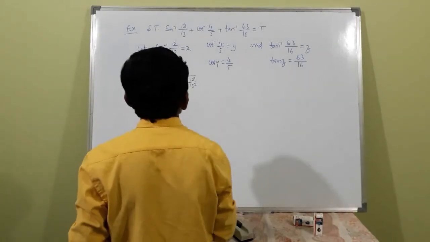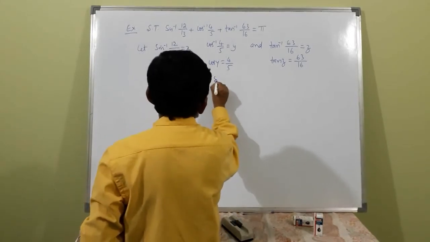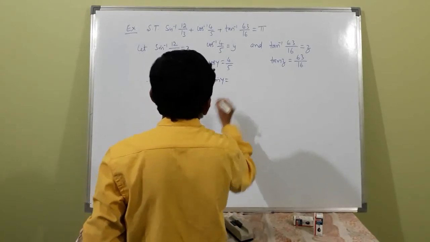Similarly cos y is 4 by 5, which means sin y is 3 by 5.